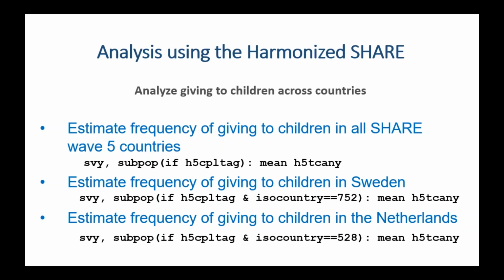Remember, we only want to look at one observation per couple, so we're going to use our couple tag. When you use SVY with a couple tag, you want to make sure to put any conditions which limit your analysis in this subpop phrase. So we're going to say subpop if H5 couple tag is equal to 1.